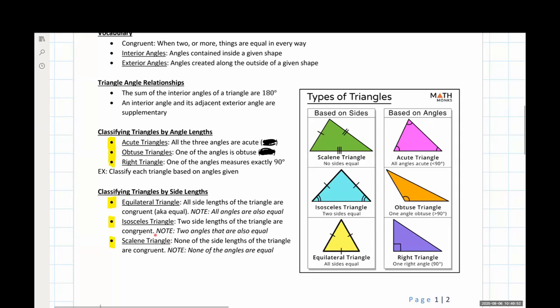We then get into isosceles triangles, which are triangles where I have two of the side lengths that are congruent to one another. As we see with our example here, this line has a single dash through it, and this line has a single dash through it, meaning this side length and this side length, whatever they are, are equal to one another. They are congruent.